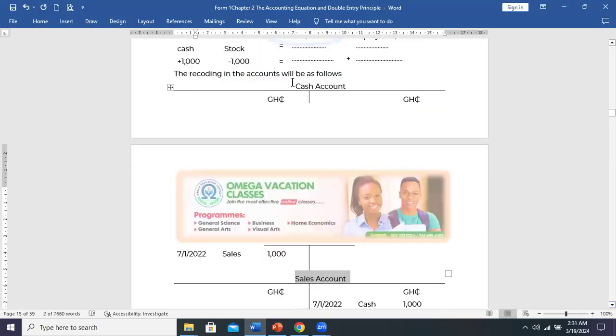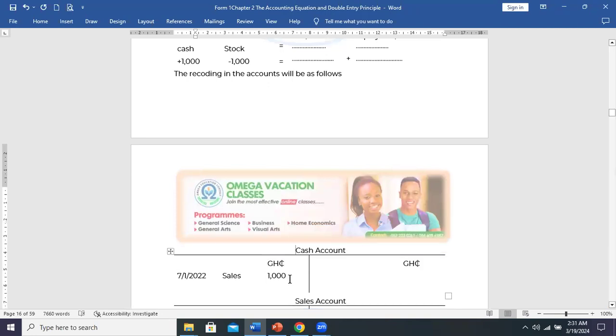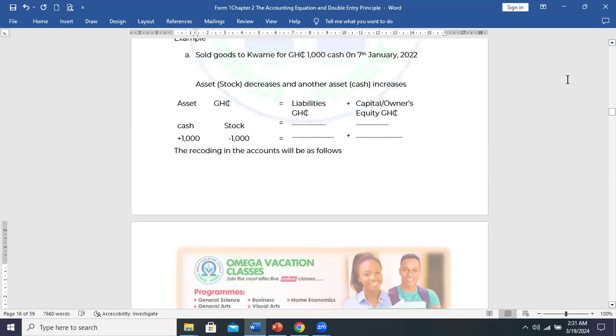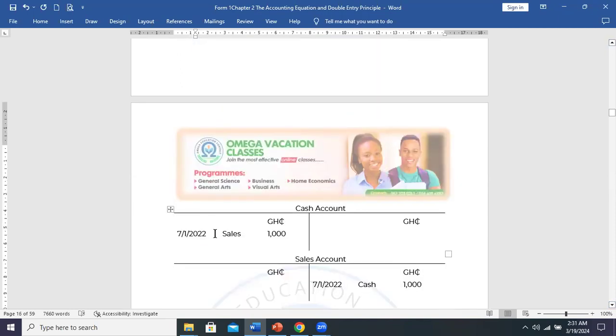So if you are asked to debit, this is what you do. You go to the left side of the transaction, you put down the date. So the date on the transaction was 7th January 2022.